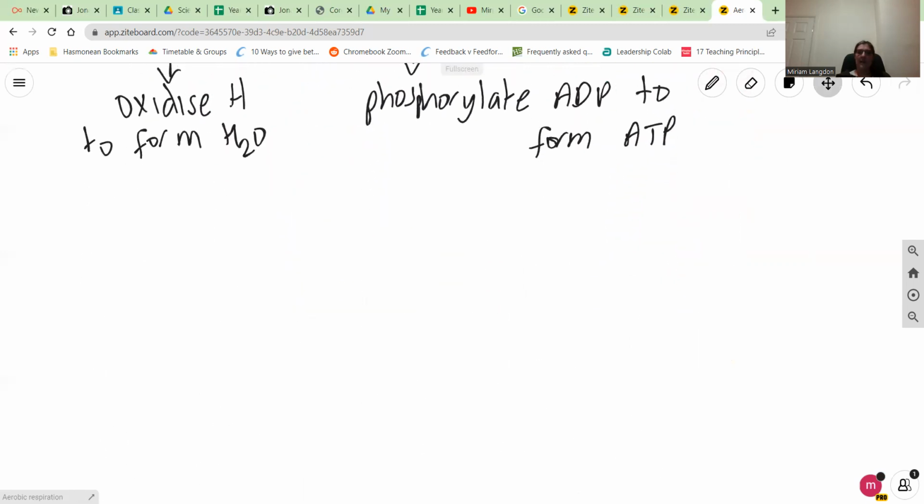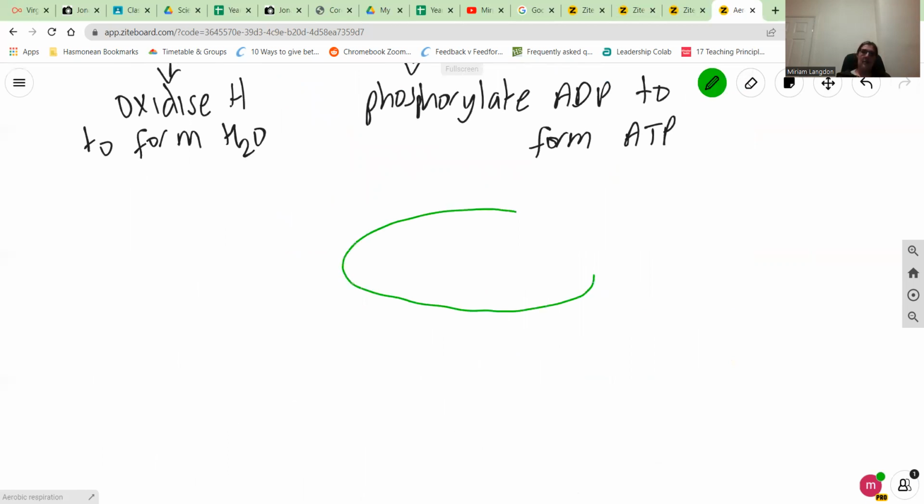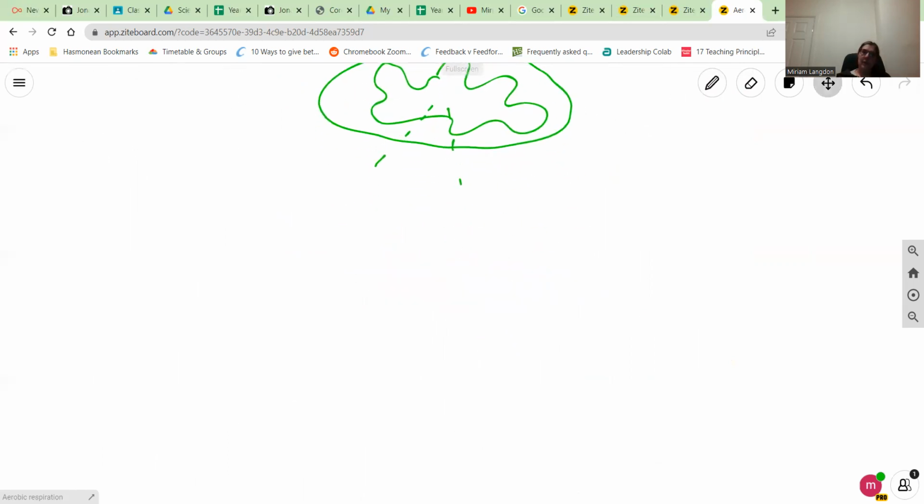So this takes place, if you remember, on the cristae. Let me just put it in context. We're on the cristae over here. I'm going to take just a cut through of that membrane. So if we draw it out, we've got a normal membrane structure, with our hydrophilic heads and our hydrophobic tails, like there.